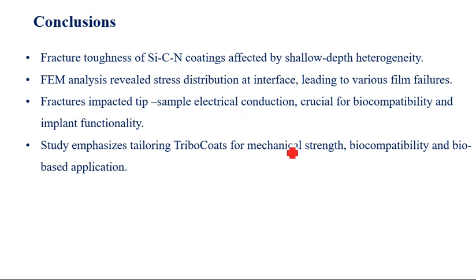The stress distribution at the interface was determined, which led to various film failures, and electrical conduction was found to get affected by the fracture. On a greater note, the study emphasizes that we need to take some preventive measures to avoid these sorts of failures, especially for biocodes or any drive codes.